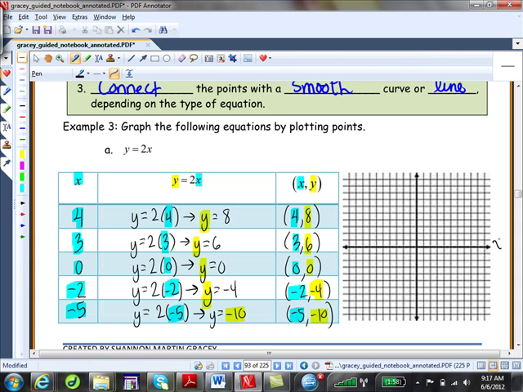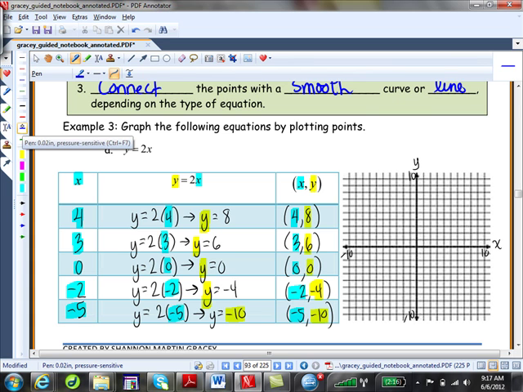So first things first, we've got x and y as our coordinates, so we'll label the axes. Now it looks like if I do negative 10 to 10 on the x-axis and negative 10 to 10 on the y-axis, I'll be good to go. I'm looking at my coordinates of my ordered pairs, and those will all fit with that scale.